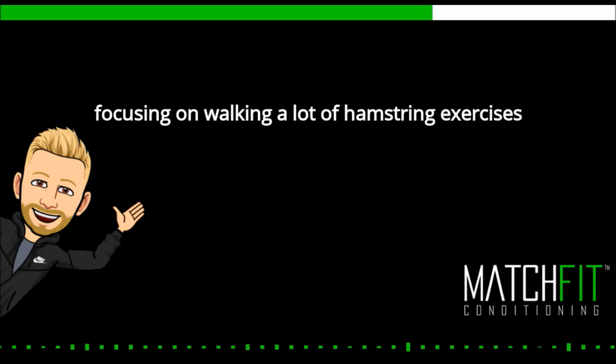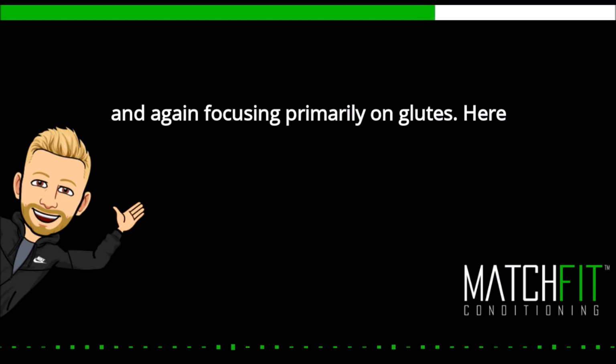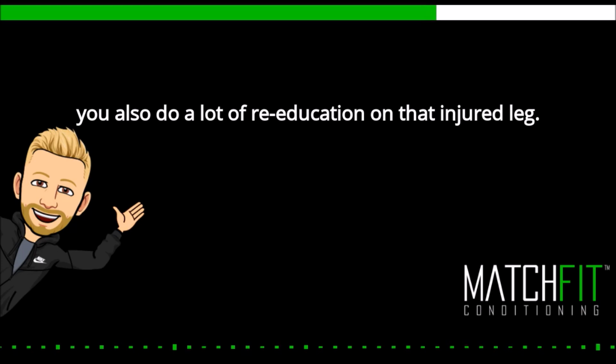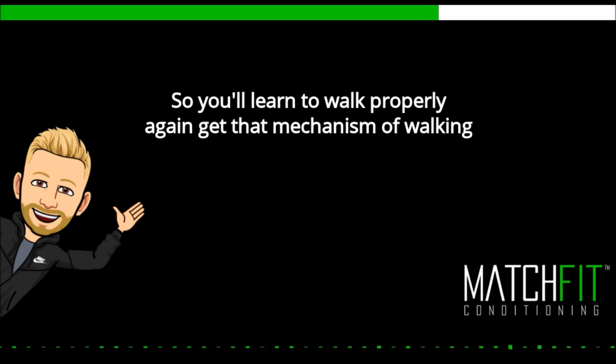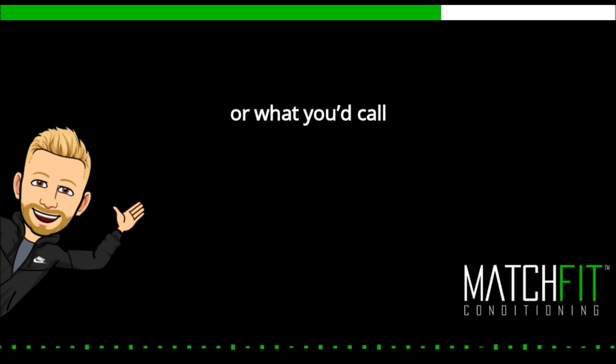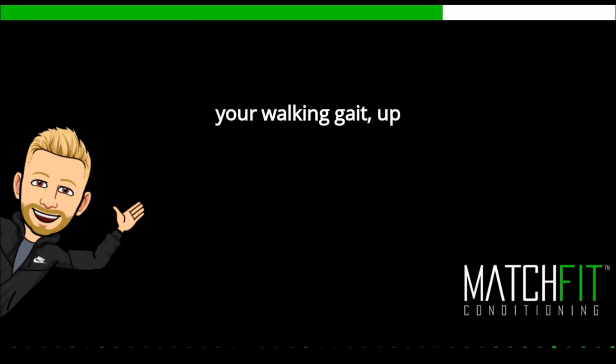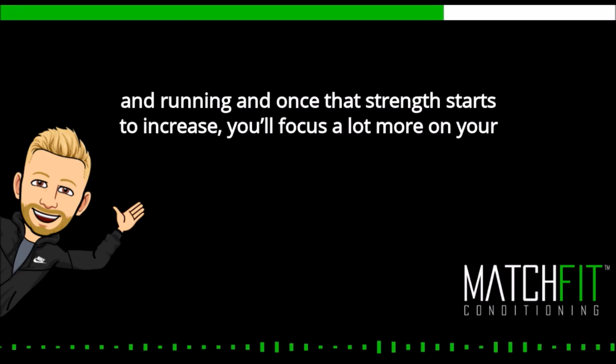You might be focusing a lot on walking, a lot of hamstring exercises, and again focusing primarily on glutes. Here you'll also do a lot of re-education on an injured leg, so you'll learn to walk properly again, get that mechanism of walking, or what you would call your walking gait, up and running.